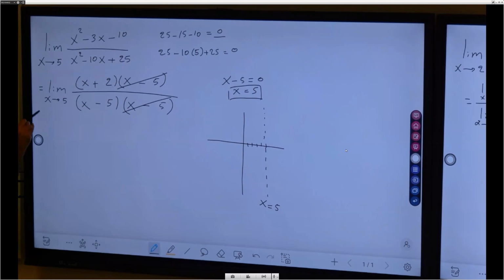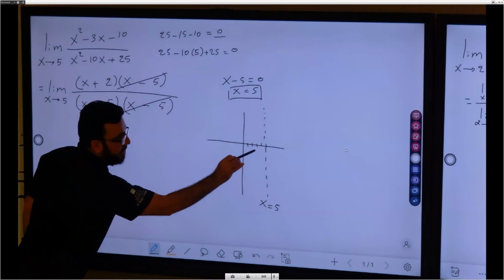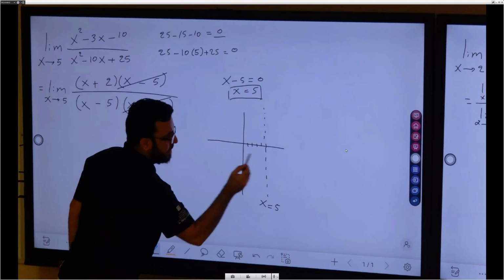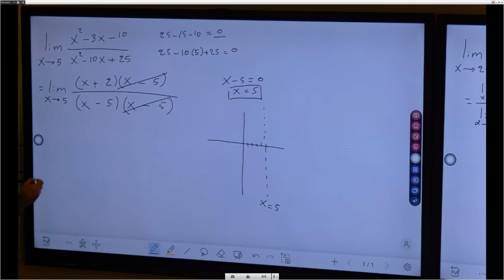Now, when x approaches this number from both sides, I need to find the limit. Now it's a polynomial. Can I plug in the number? So it's going to be 5 plus 2 over 5 minus 5.